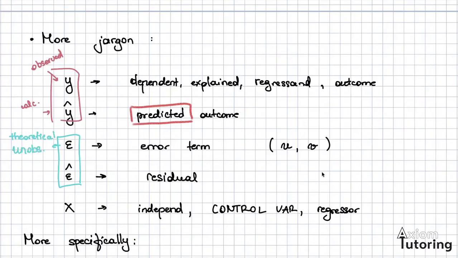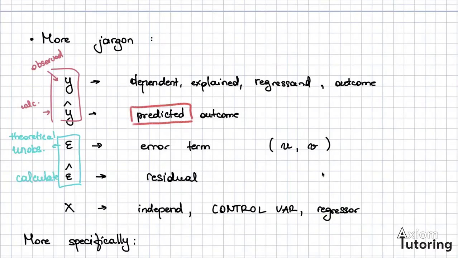We know that it's a collection of all the other variables that are affecting your y variable, but you have not included, be that because you couldn't measure them or you just didn't have them available. But it's generally something that is unobserved and very theoretical. The epsilon hat, on the other hand, is something that we can calculate.